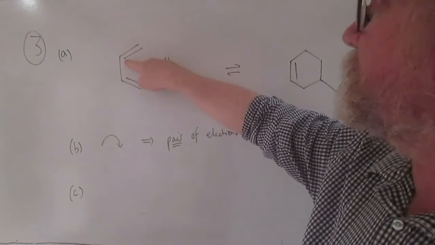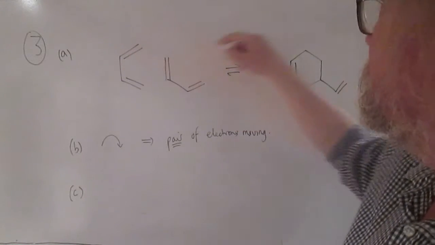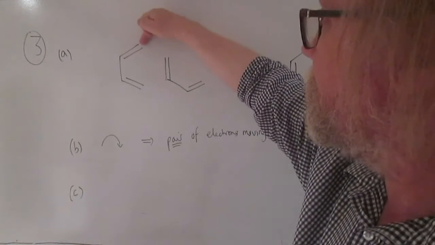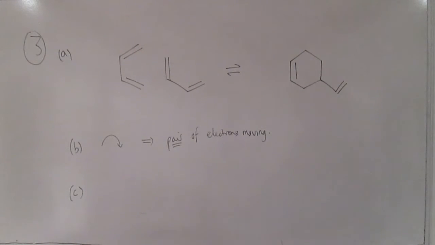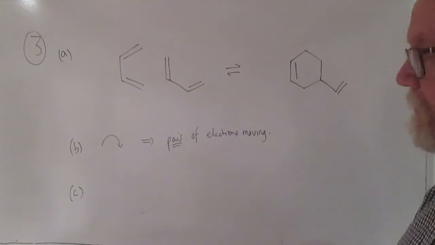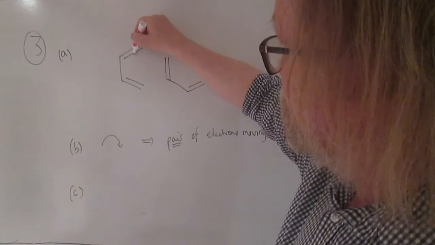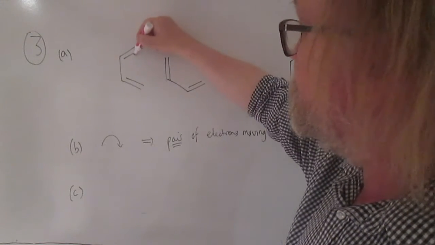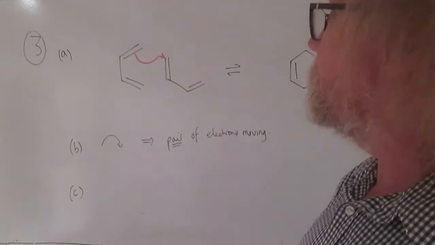So this pair of electrons was a pi bond here, and it's been used to create this new bond there, because it's just that carbon using the electron pair in a different way. So how do you show that using a curly arrow? Well, remember, it starts with the bond that's being broken, and it points to the atom that the new bond is being formed to. So you draw an arrow like that.